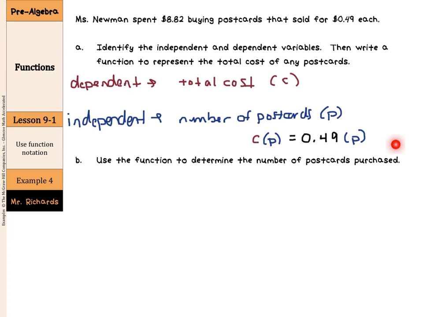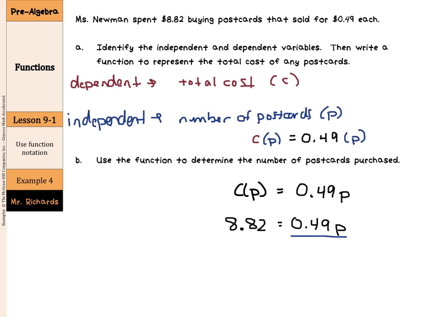And we can use that function now, the cost equaling 49 cents per postcard, to determine the number of postcards purchased. Well, we're told that she spent $8.82, so that's actually our cost. $8.82 is going to equal 49 cents per postcard.